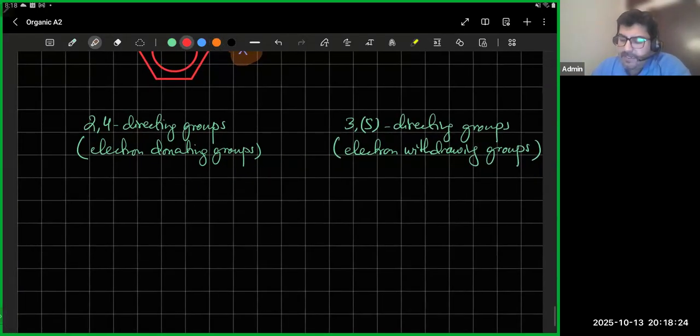I'm going to list those categories. What could this X be? It could be an alkyl chain, like CH3, or you can call it the alkyl group. That's number one. It could be OH.